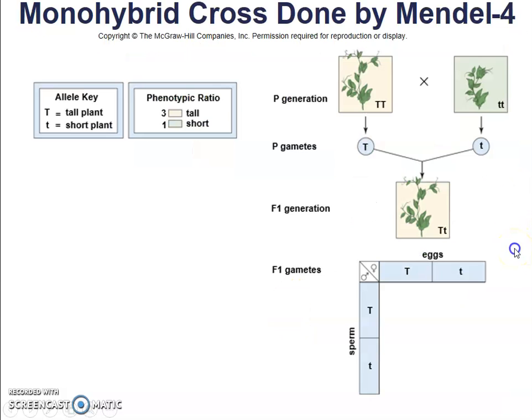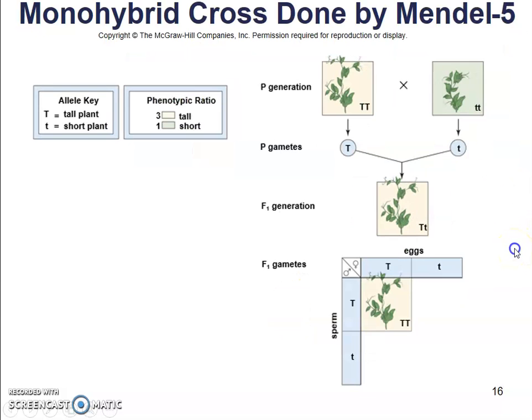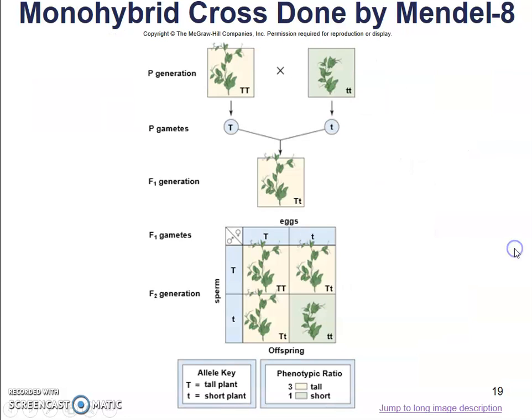So that F1 generation is allowed to self-pollinate, and we get a Punnett square, or a ratio of offspring that is 3 tall offspring to 1 short offspring. And this is probability. It's not exactly 75% tall and 25% short, it's approximate.